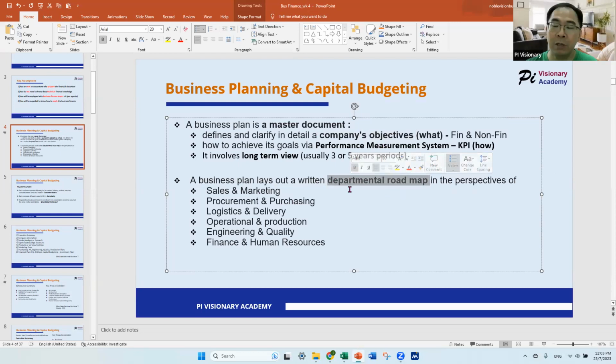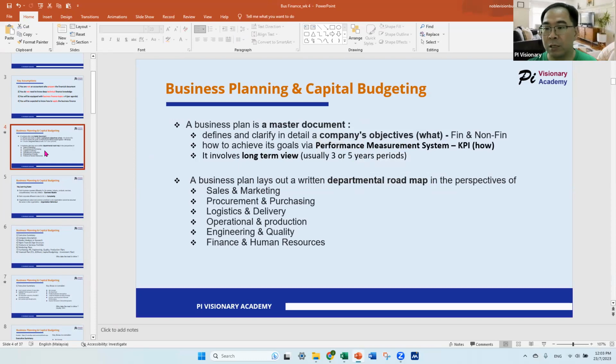As a sales executive or purchasing executive, you do not know where to go. Left, right, front, and back, you lost the direction. You just do what you can. You are not being measured on your performance. Your action plan does not know the status.